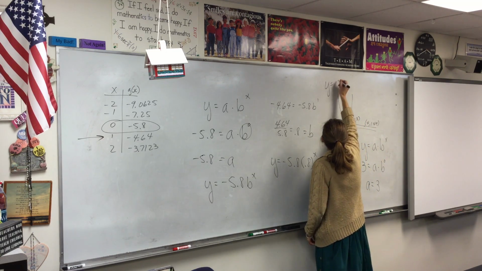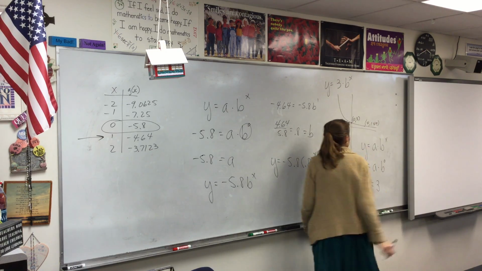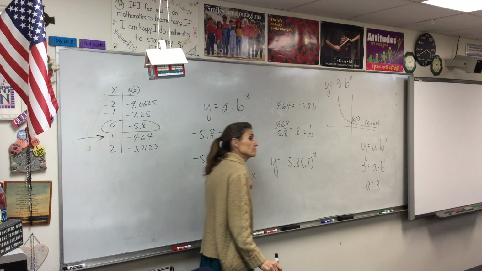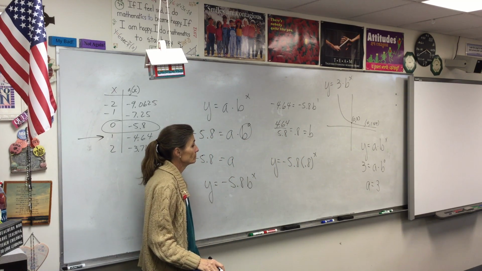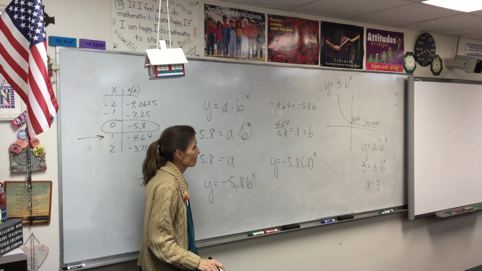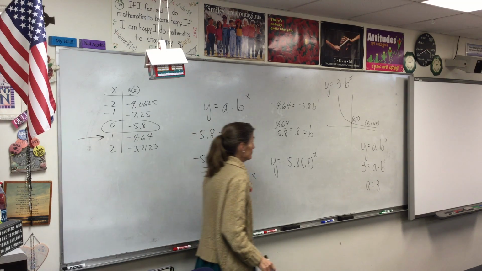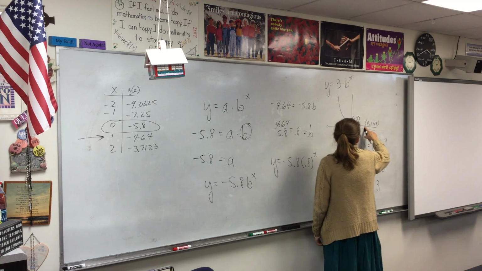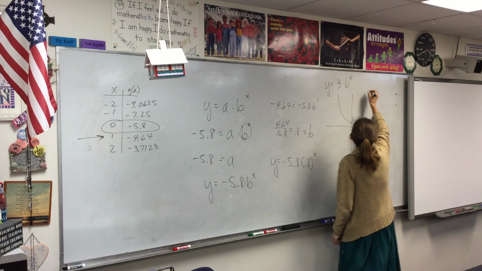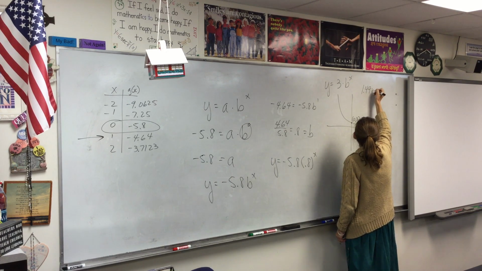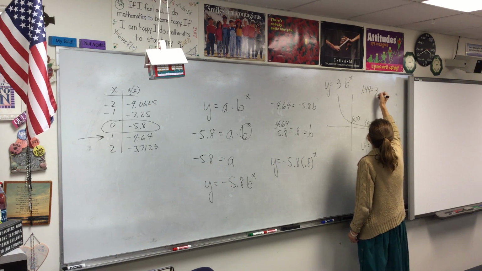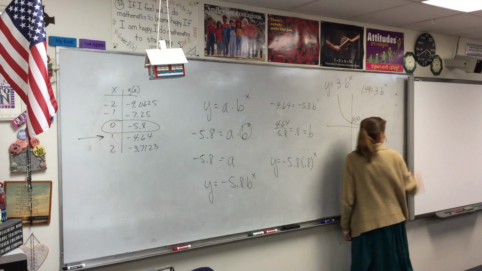So we have y equals 3 times b to the x. Now we'll plug in our other point. So 1.49 equals 3 times b to the 4th.